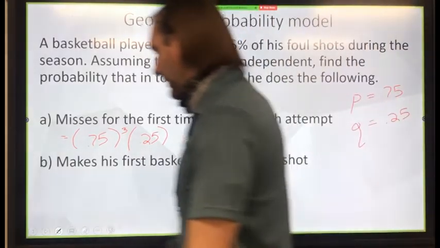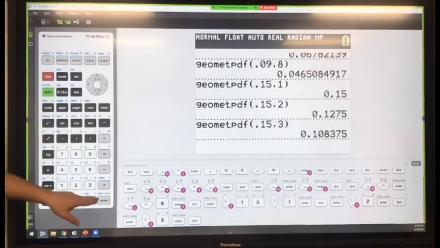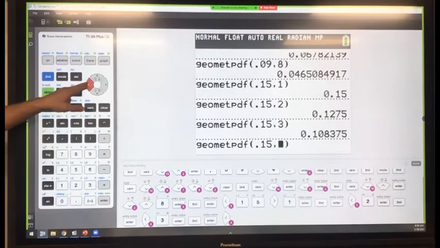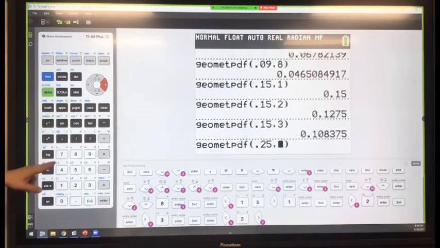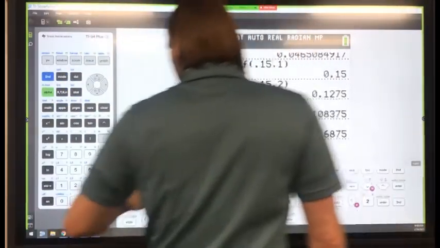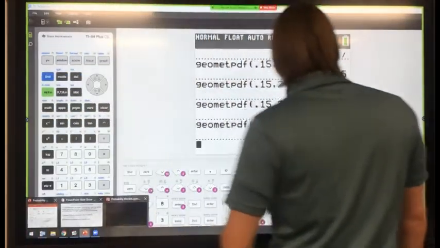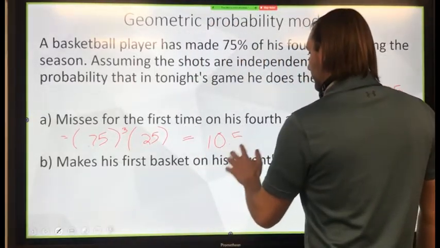Well, it equals the same thing if you would have gone in your calculator and did the geometric. What am I going to put here for P? 0.25, right? Because I'm looking at what's the first time when he missed. And he took on the 4th attempt. Did you get 0.105? So I'll just make a percentage. So about 10.5%.